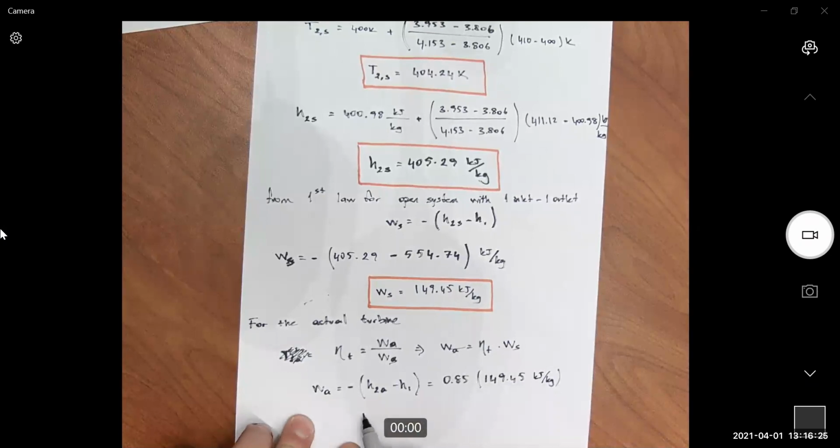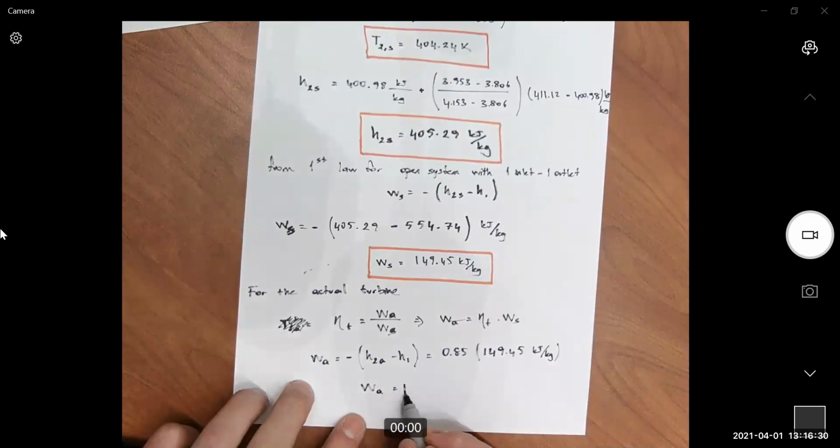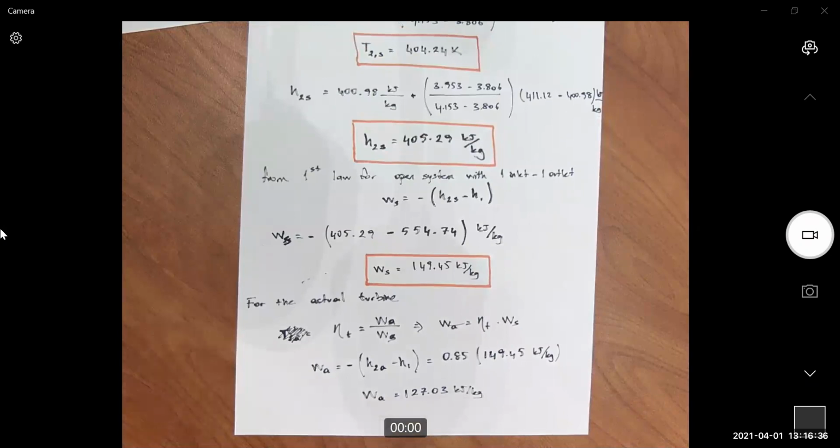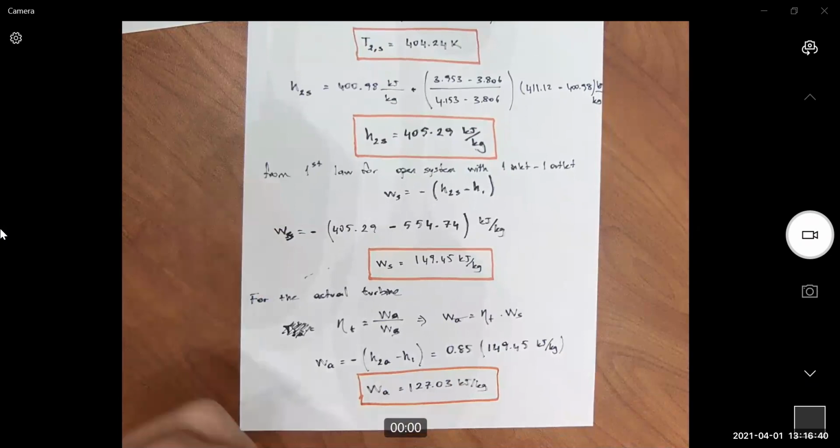Work actual equals 127.03 kilojoules per kilogram, which is less than ideal. It makes sense, right? I have some losses because of irreversibility.